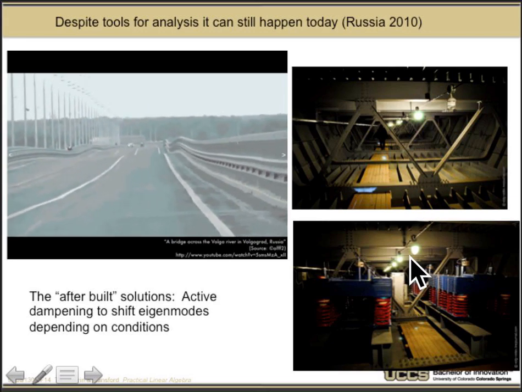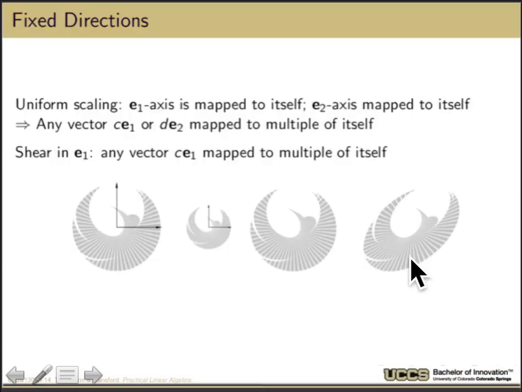We're going to start by looking at what we call fixed directions. So we've already looked at maps, and if I have a uniform scaling in the E1 direction, then the direction is mapped to itself, and the E2 axis can be mapped to itself. So if I do any regular scaling, I can scale things down or I can scale things up, then any vector cE1 or dE2 is mapped back to a multiple of itself.